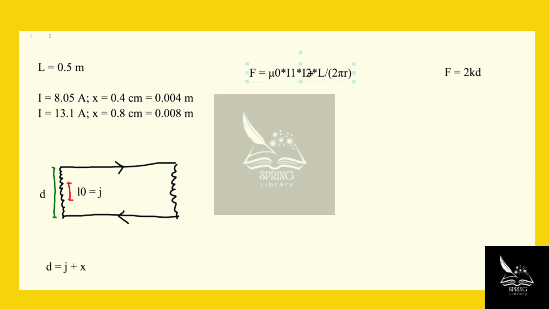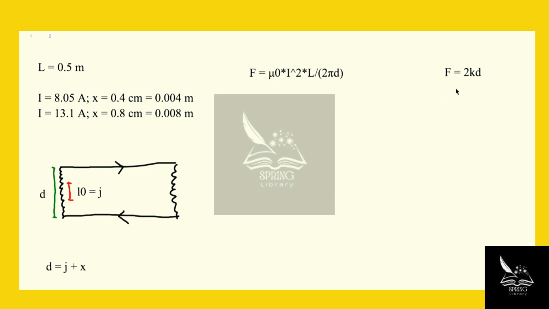Now I1 and I2 are both just equal to I because the same current is running through these two wires, so I1 times I2 becomes I squared. R is the distance between the two wires, so the distance between these two rods is going to be equal to d. So we're going to just set d there.